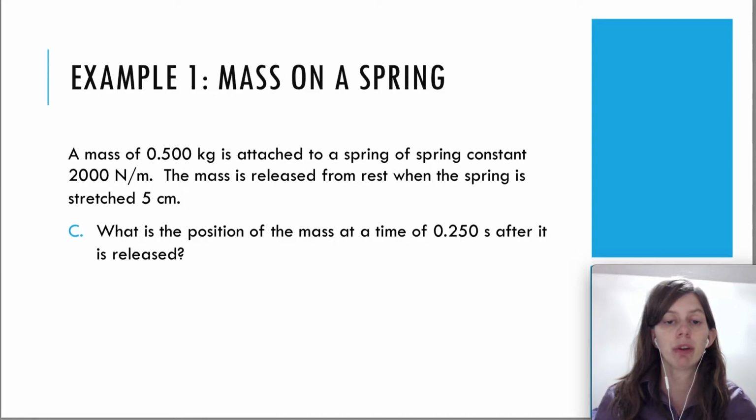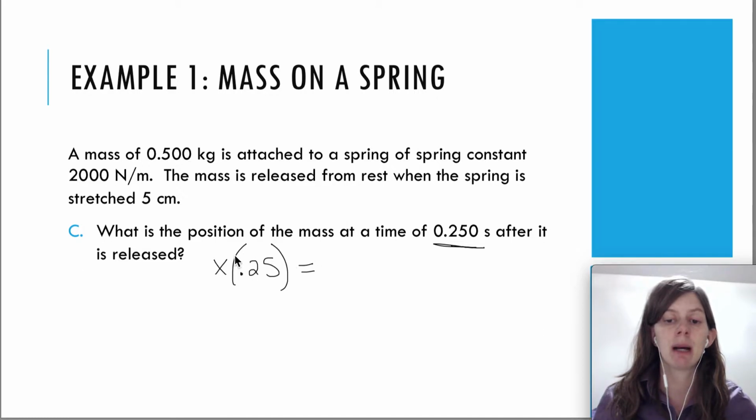And that's what we're doing in part C. It says, what's the position of the mass at a time of 0.25 seconds after it is released? So we just came up with the equation x as a function of t. Now it wants us to plug in 0.25 seconds for t. So when I put it here, I'm not saying that I'm multiplying x by 0.25.